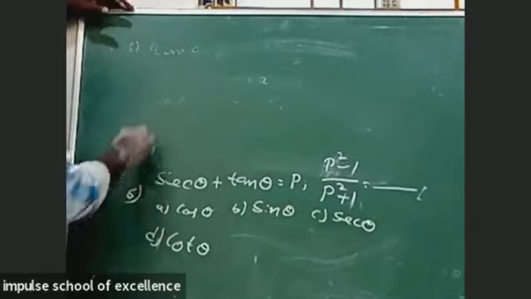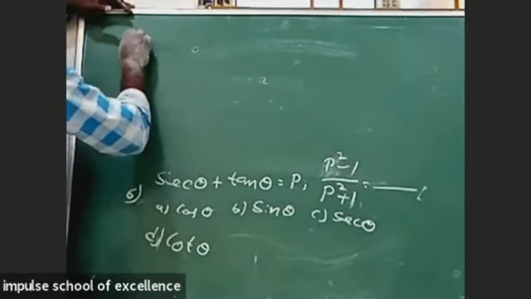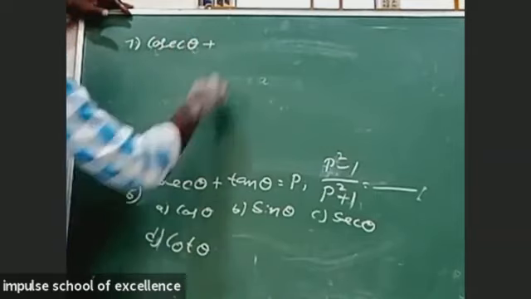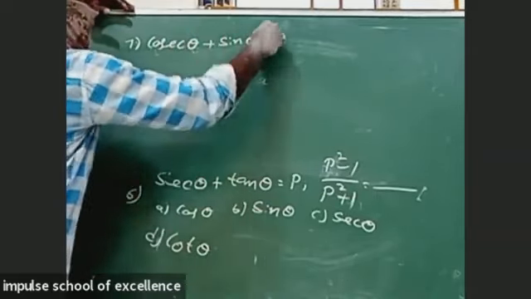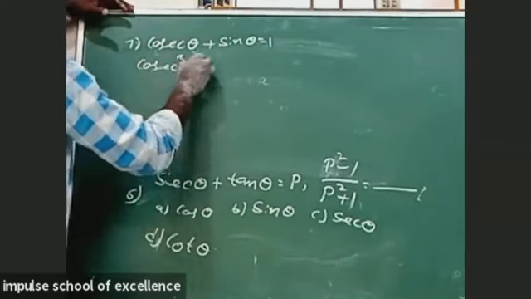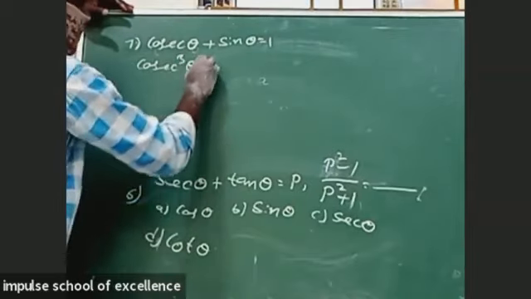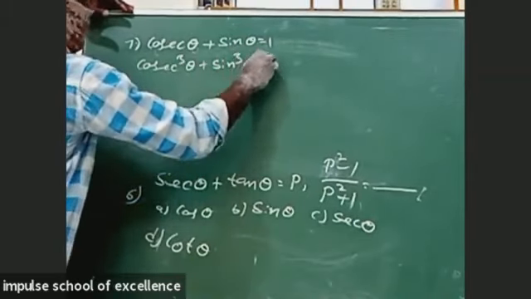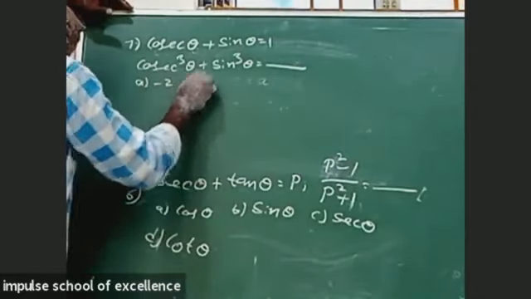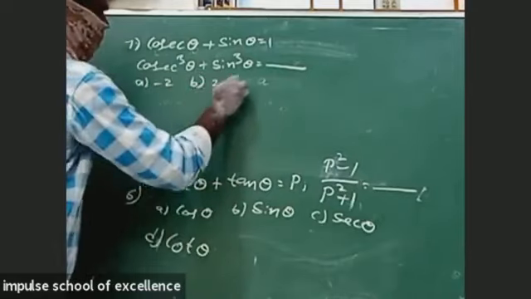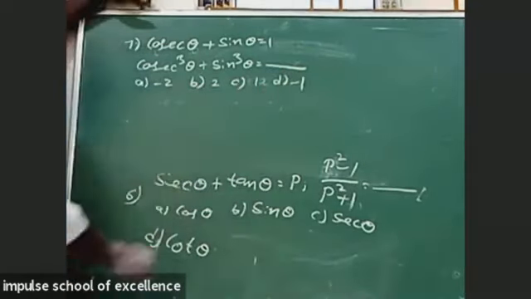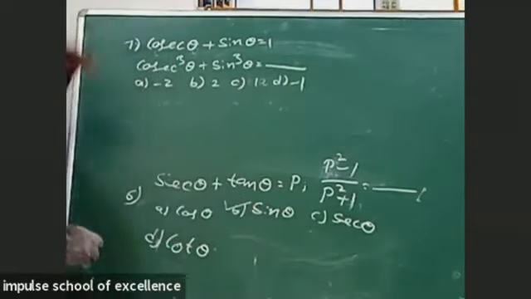Cosecant theta plus sin theta is equal to 1. Then cosecant cube theta plus sin cube theta is equal to dash. Option A minus 2, option B 2, option C 1, option D minus 1. Now for this sin theta is the correct answer. Cross check once please.